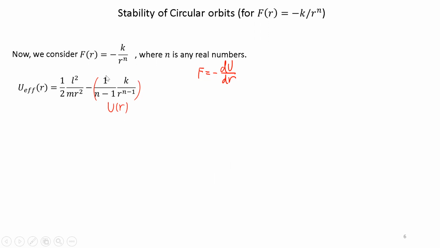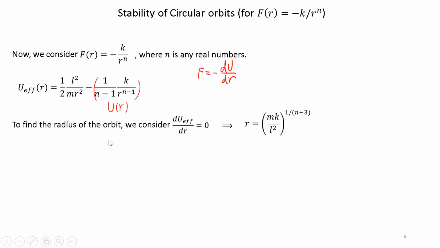Now this is the U effective. You can plot it by yourself, but there's a way, without plotting, to find out the maximum or minimum point of this curve, and that is by taking derivatives.